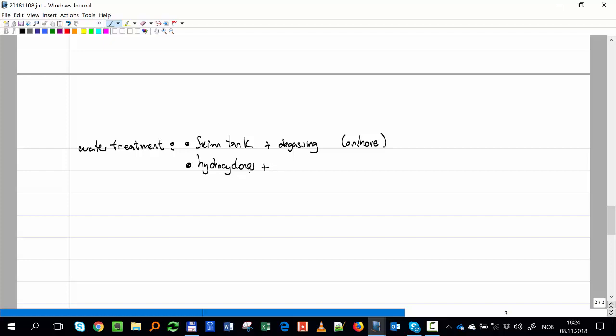They are used basically because they are compact, and you can achieve the same result. On top of that, sometimes we use a gas flotation unit.